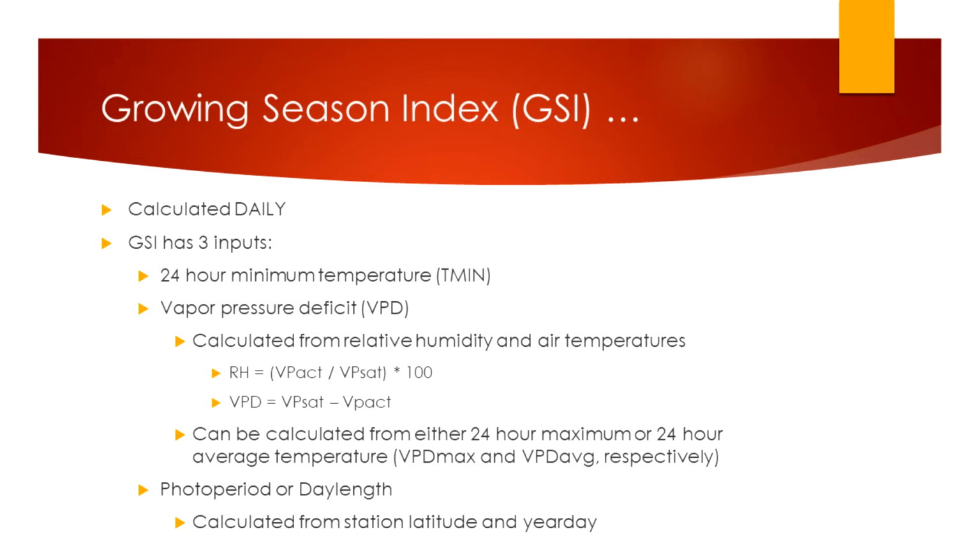The last piece it uses is photoperiod. Photoperiod and day length are synonymous, but it basically just tells you how many hours of sunshine you have for a particular place on a given day. And that varies as a function of the latitude of a particular location and the day of the year. And it's easily calculated by a straightforward little function.